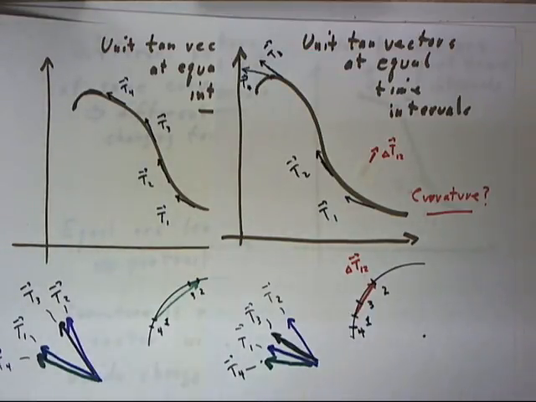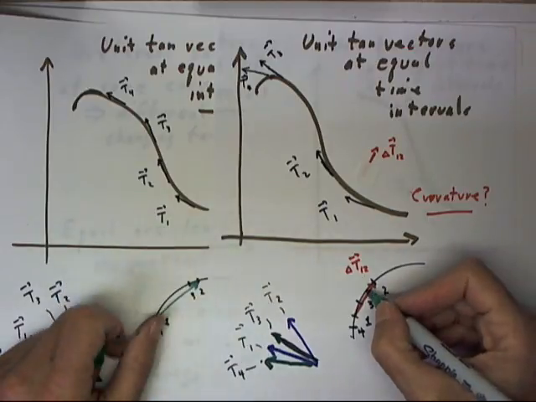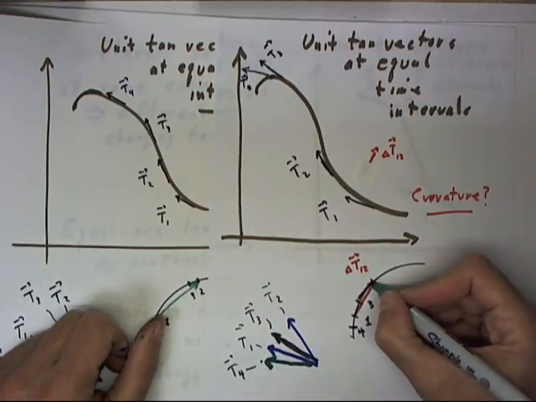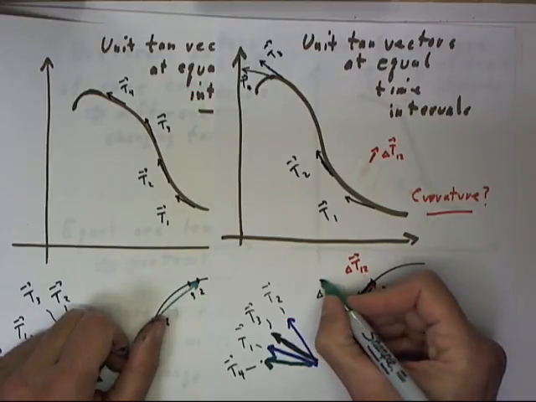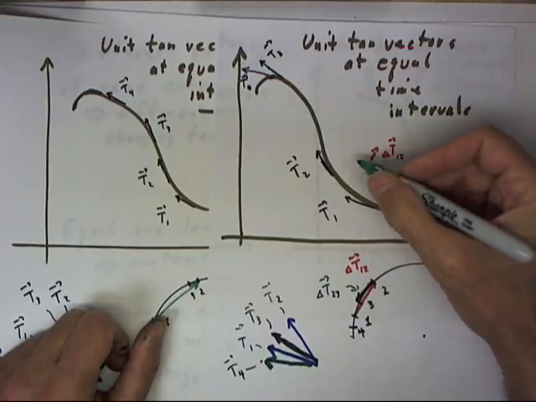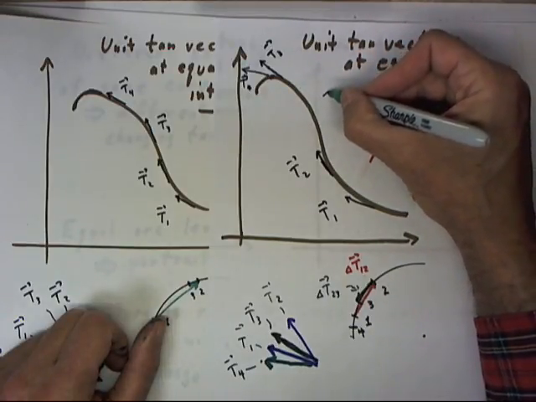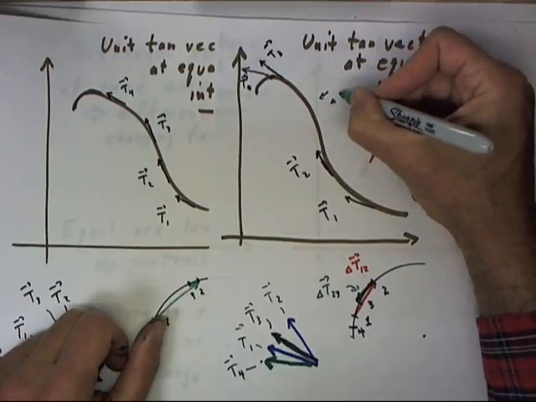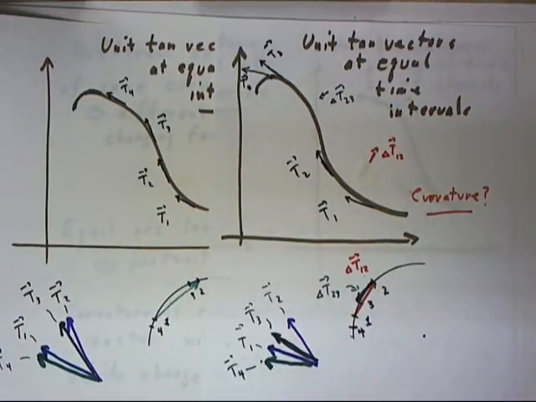Well, the change in our vector from T2 to T3 would be just this vector here, and we could call that our delta T2,3. So between here and here, we have a delta T2,3 that might look like this.